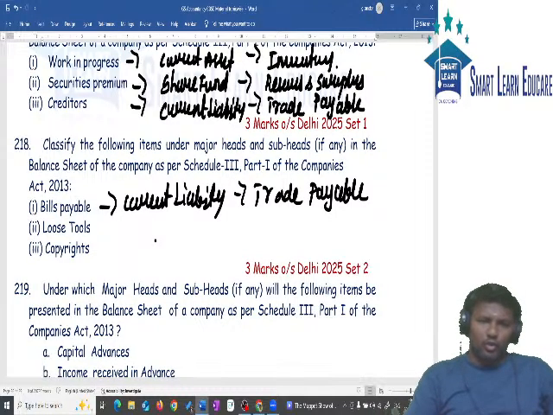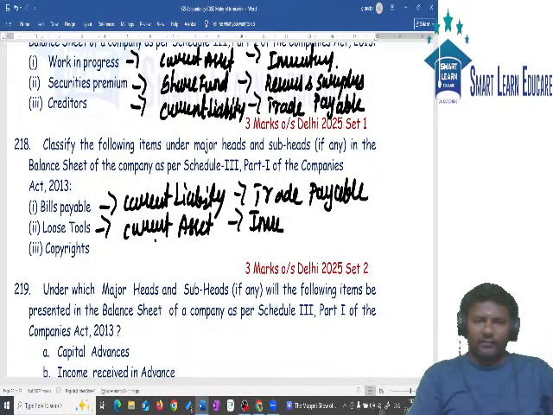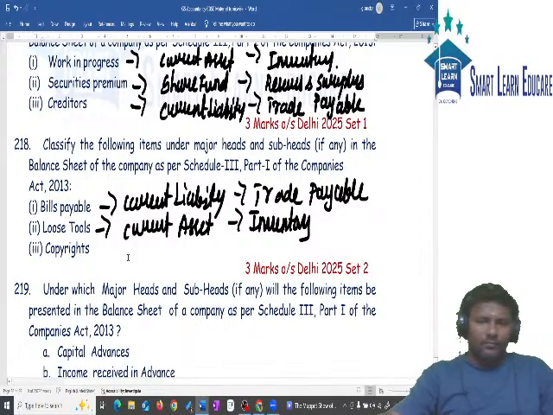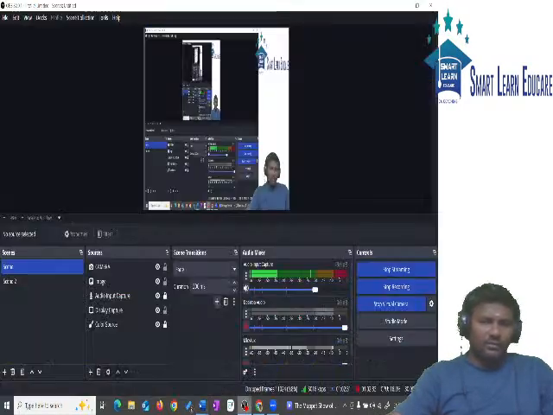Next, loose tools. Current asset, under inventory, stock. Just a minute.